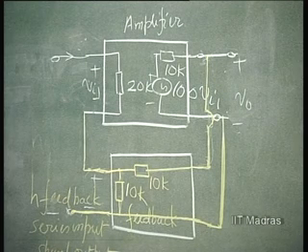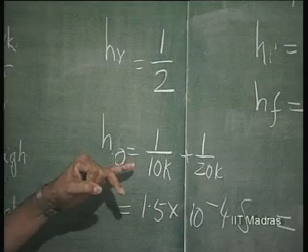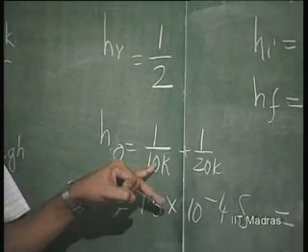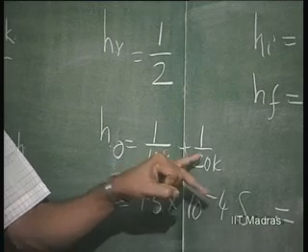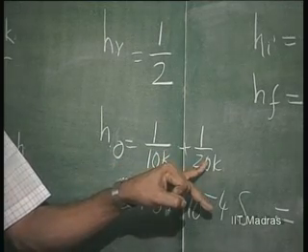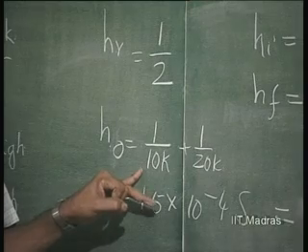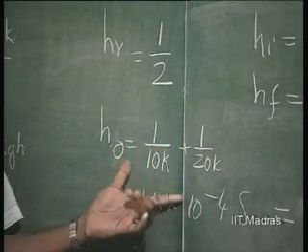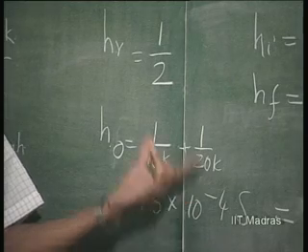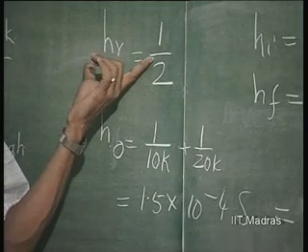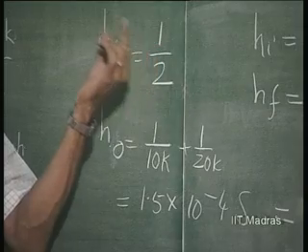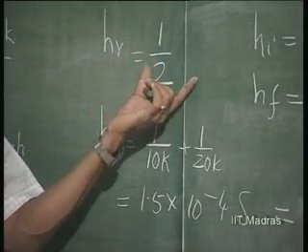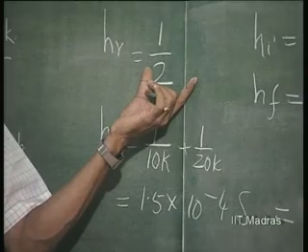Now, again note one thing, the H naught of the composite structure is H naught of the amplifier plus H naught of the feedback network. H naught of the amplifier is 1 over 10K, H naught of the feedback network is 1 over 20K. So, these things are simply adding. Similarly, HR of the composite network is HR of the amplifier, which is 0, plus HR of the feedback network, which is half.